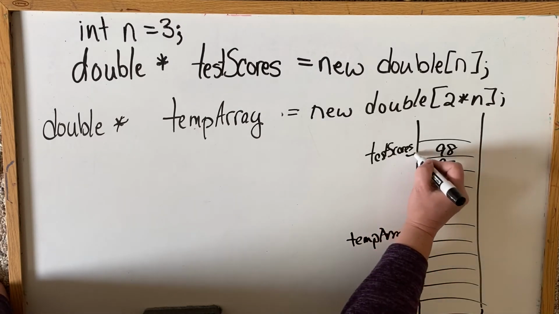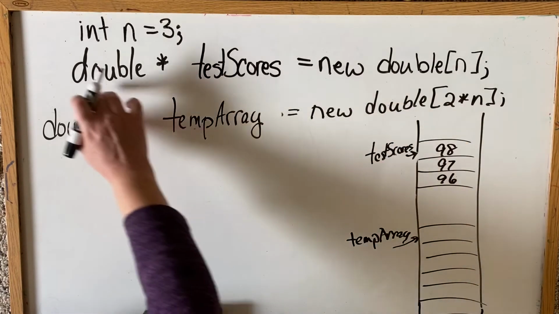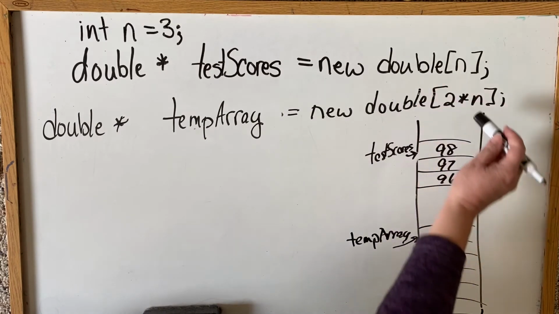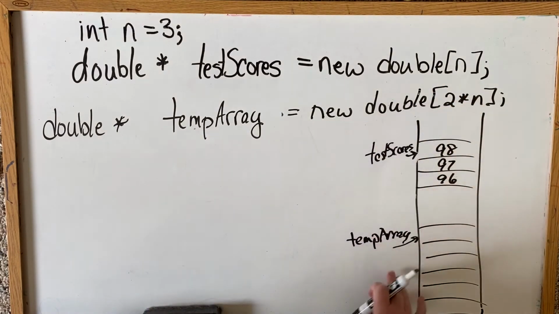And we haven't changed test scores, so we'll put the arrow back so that it is pointing at our test scores. So we have our original array that we allocated 3 spots for. And now we have a second array that we've allocated 6 spots for.